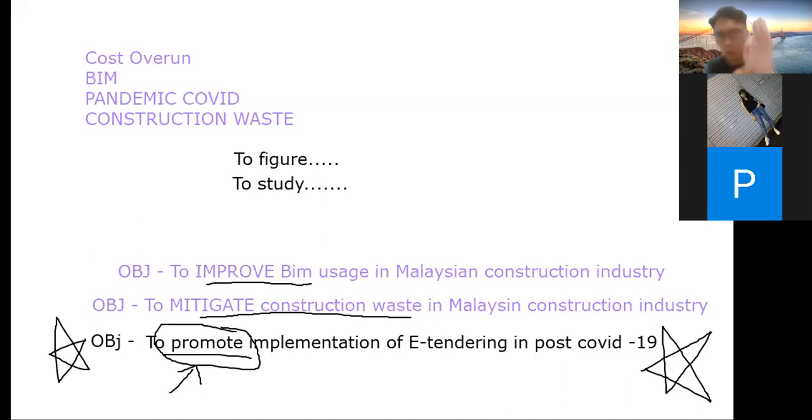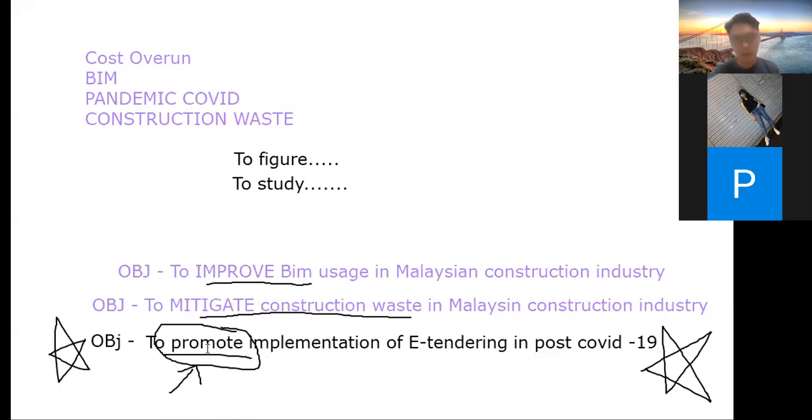Go to the third contractor. You must go to all contractors, all users, because you want to promote the implementation of e-tendering. Okay, this is to promote.